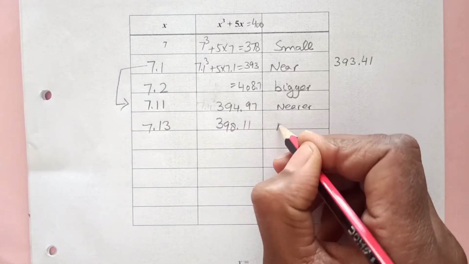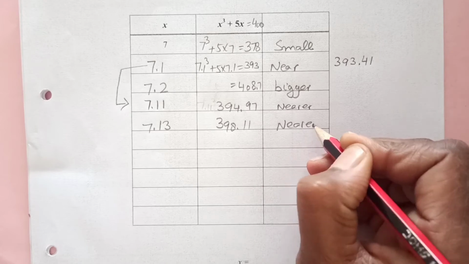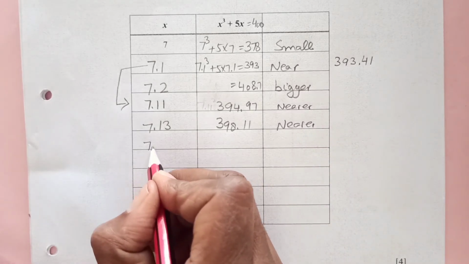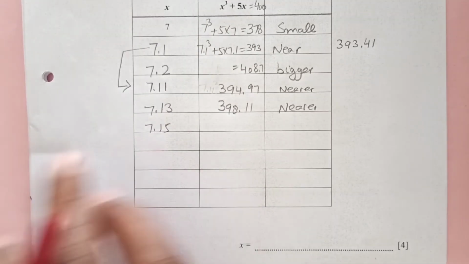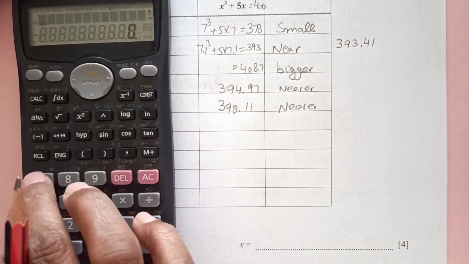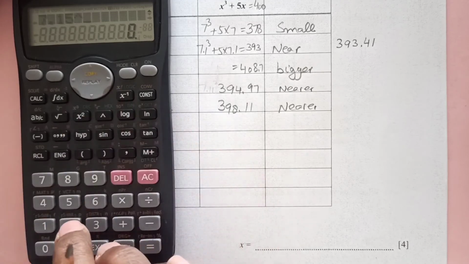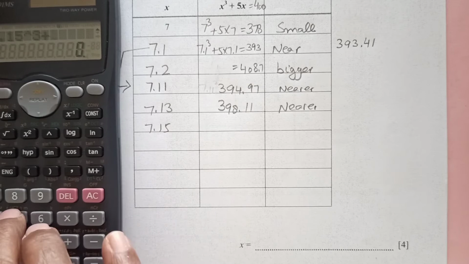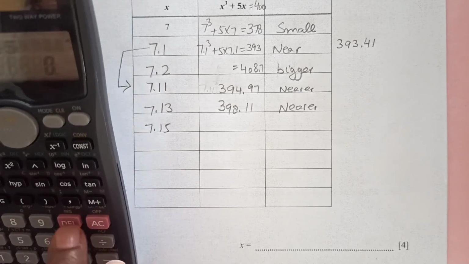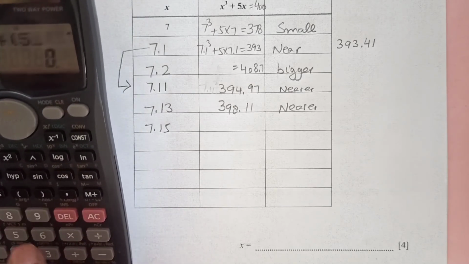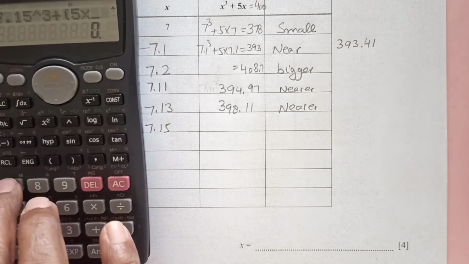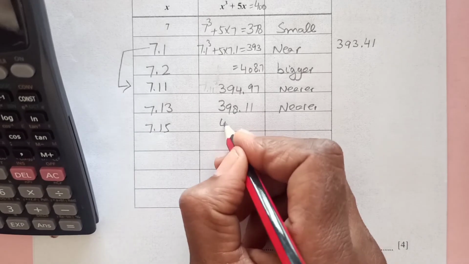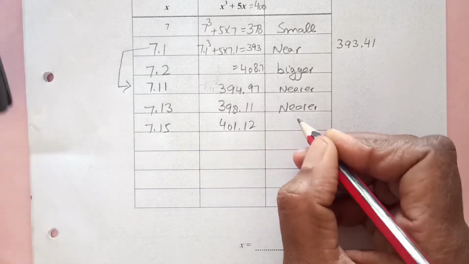This is again much closer. So let me say 7.15, I'm skipping one value again. 7.15 power 3, plus, I should put a bracket, plus 5 times 7.15. This is 401. So this value has increased.